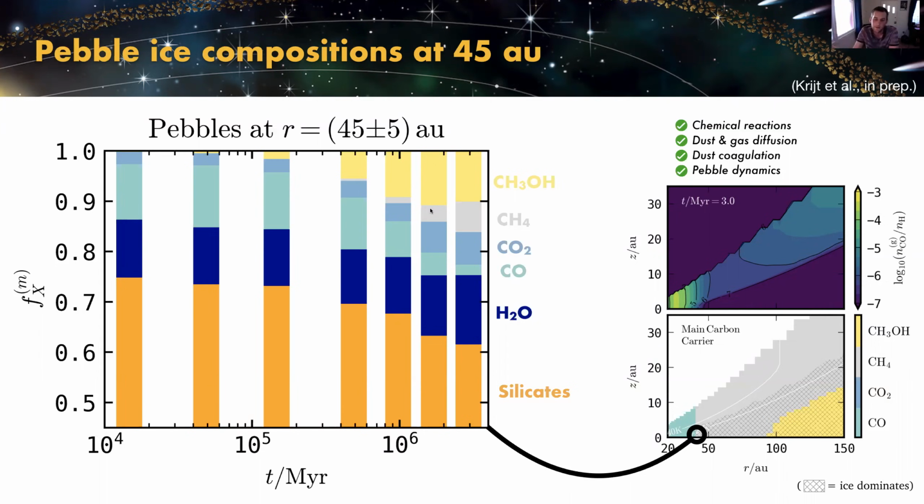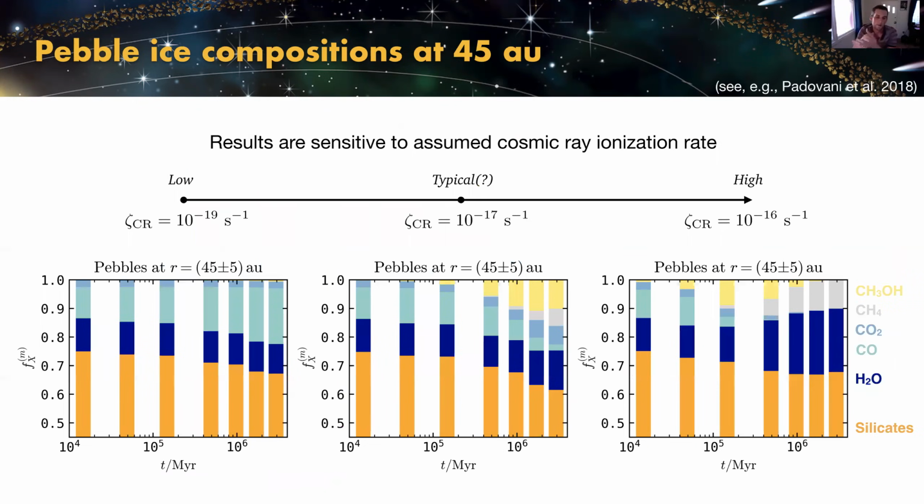So we can try to think about, because we know Arrokoth formed at 45 AU through the collapse of a pebble cloud, trying to connect the pebble compositions to the Arrokoth compositions is interesting. But of course, these results depend a lot on what I assume in my model. So if I change the cosmic ray ionization rate, for example, make it really low, there's no chemistry. If I make it too high, there's only a very narrow and early window for forming your planetesimals.